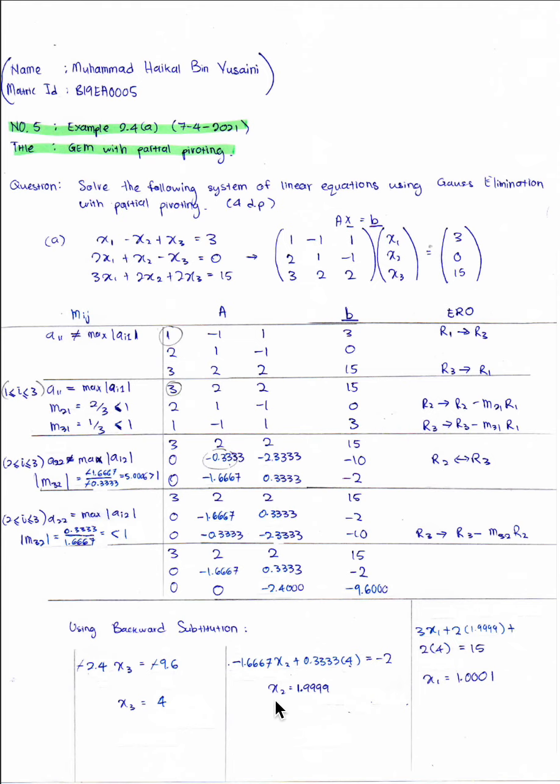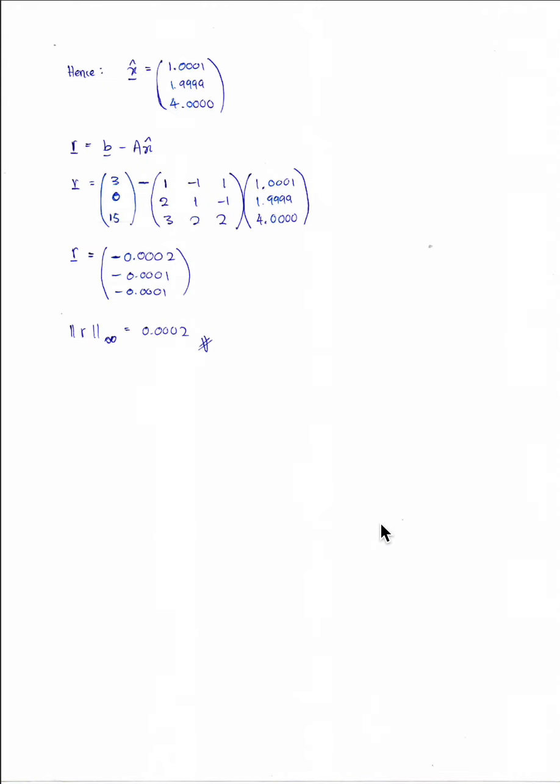Make sure it is 4 decimal places. After that, we use the first row equation, and then we get x1 equal to 1.0001. So hence we get the x1, x2, x3 values here.